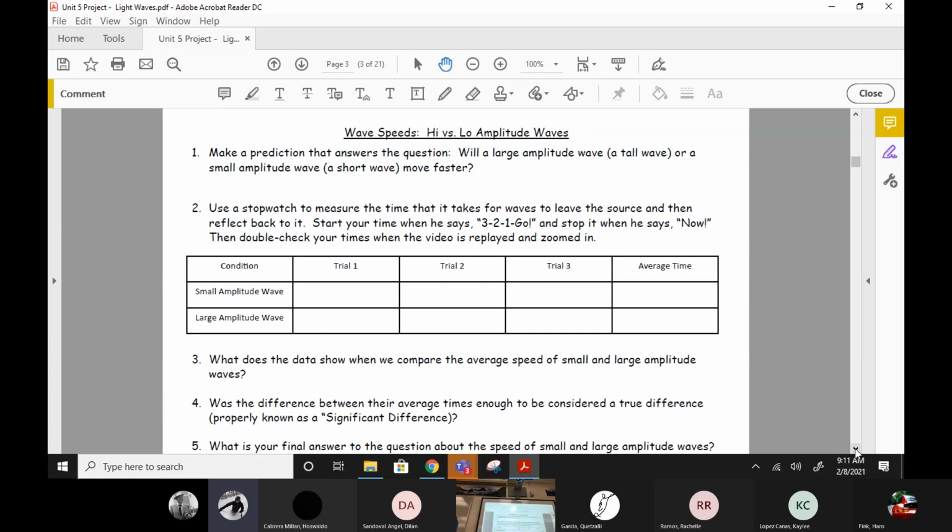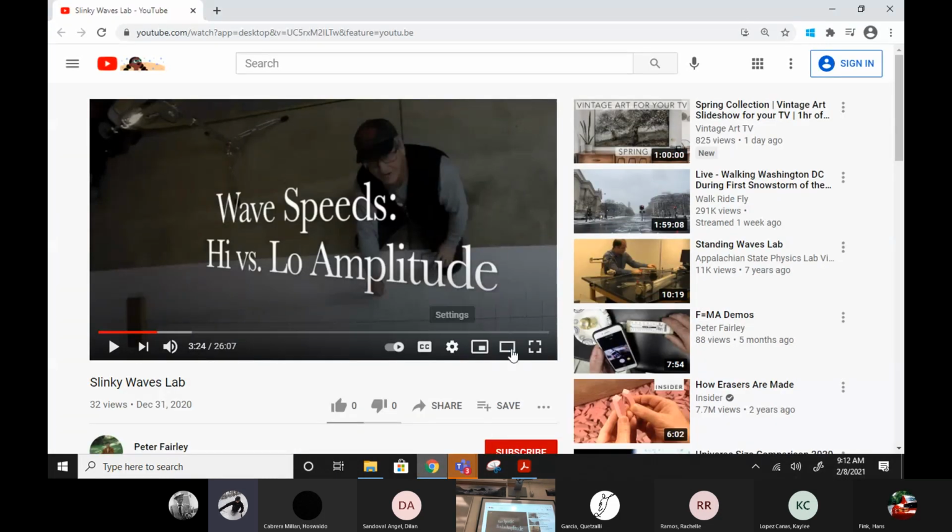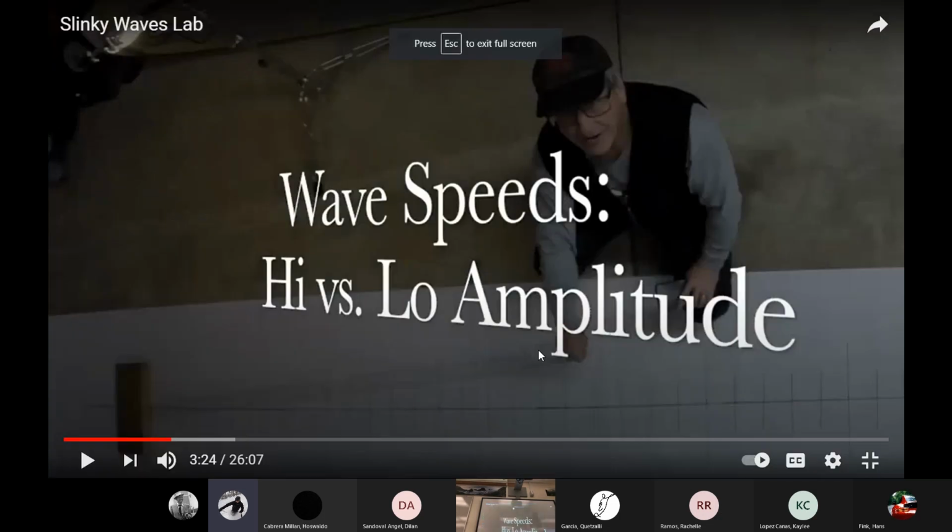So everybody should have a stopwatch ready to go, because it's not going to give you the times, right? You're going to measure those yourself.